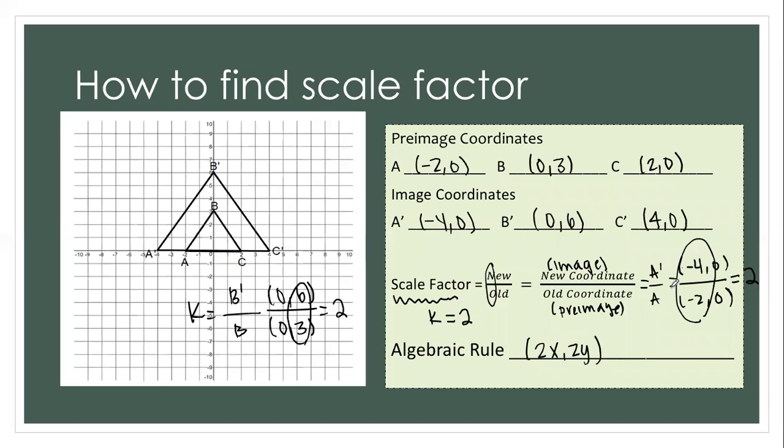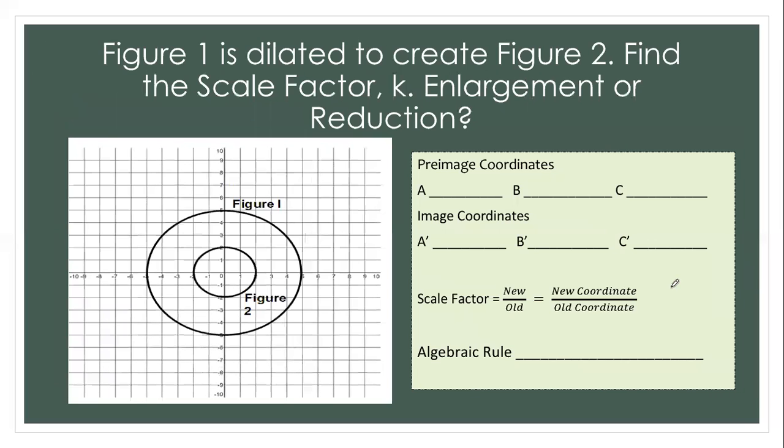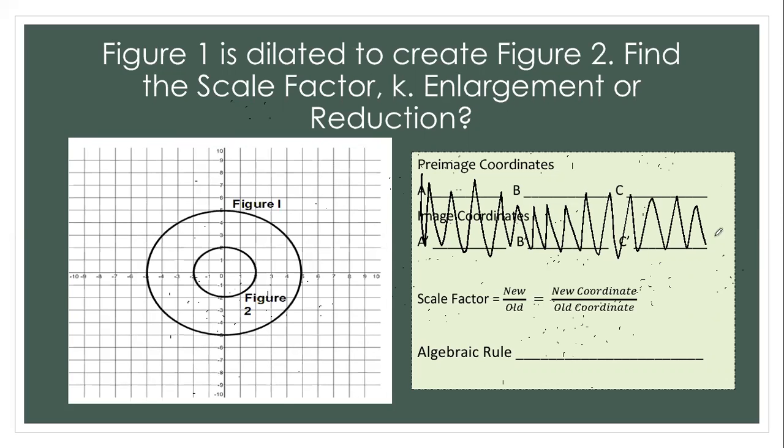So let's look at another one. Is this the next one on y'all's paper? The circles? Okay. I don't know why it says A, B, and C. Forget what my thing says. We're going to find a coordinate on figure 1 and figure 2.